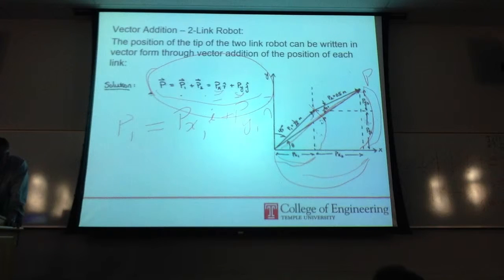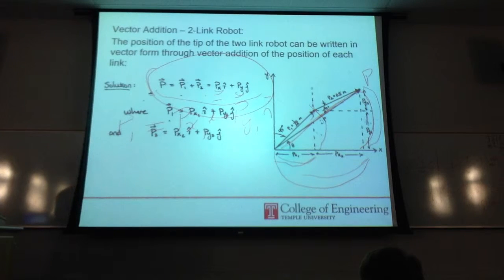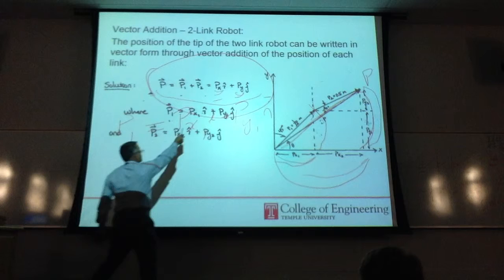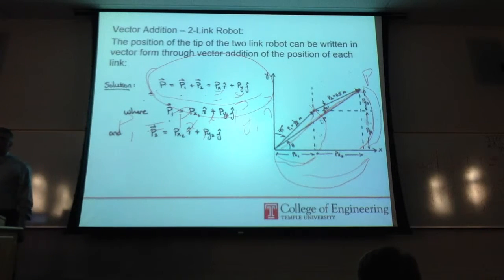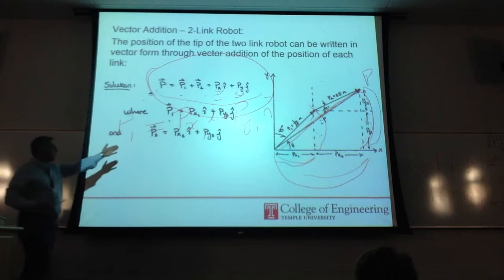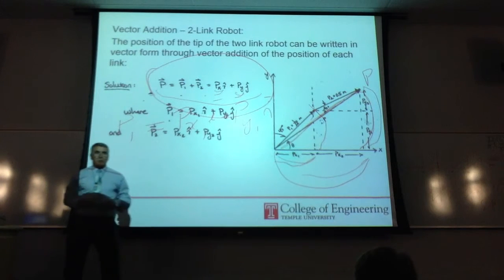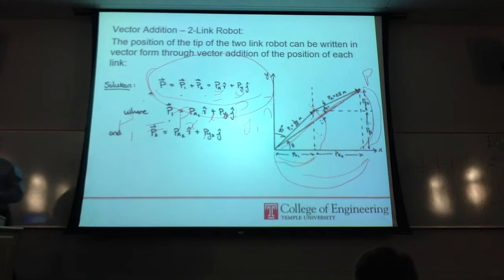So basically that's what we have. P1 is px1i plus py1j, and for point 2, the same terminology. Questions? Any questions?